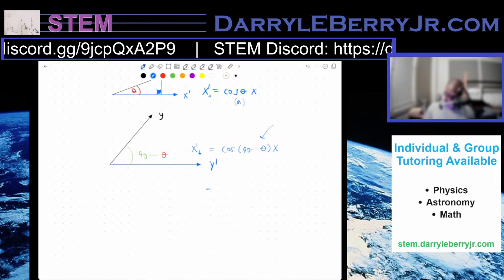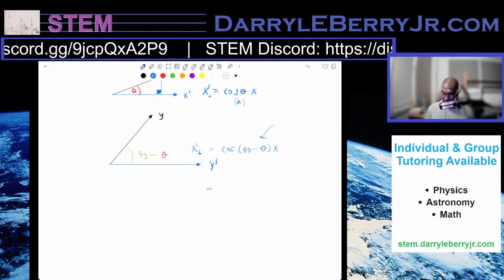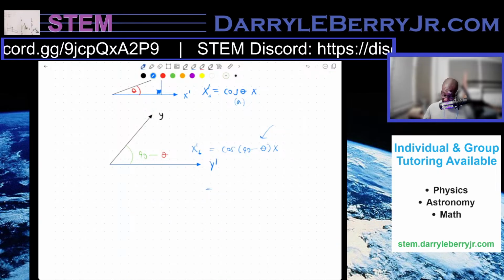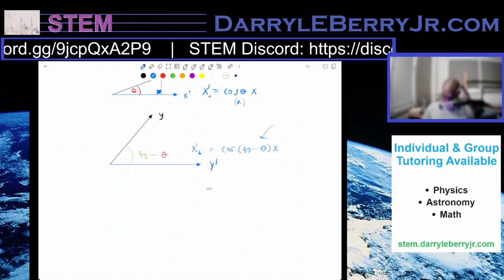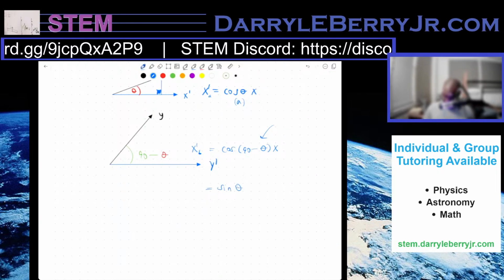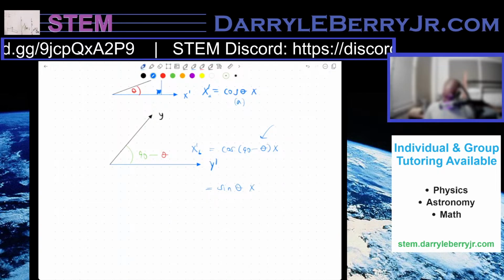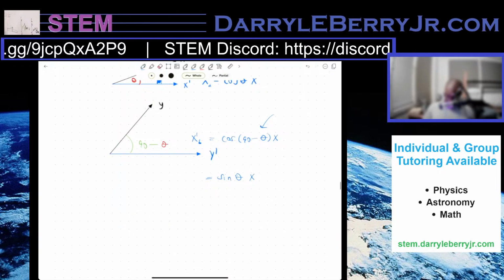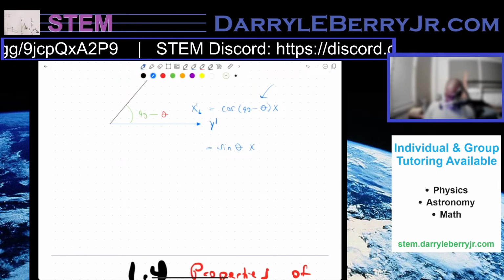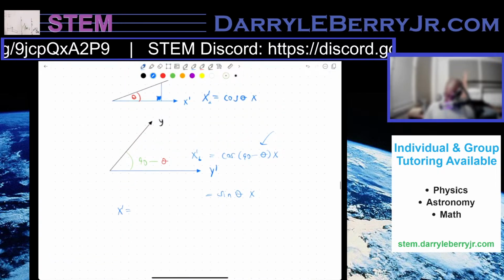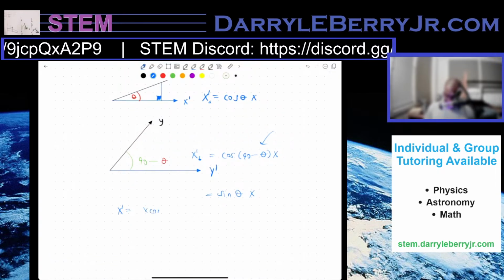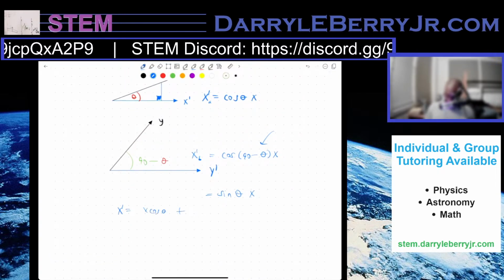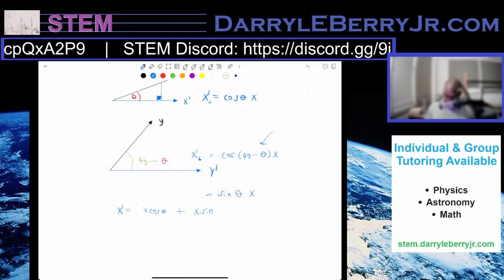And 90 minus an angle, or pi over 2 minus an angle, is sine of that angle. So then we have sine of theta. So this means that x prime equals x cosine theta plus x sine theta.